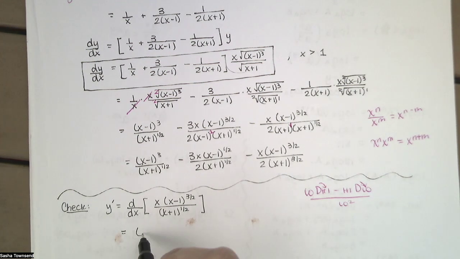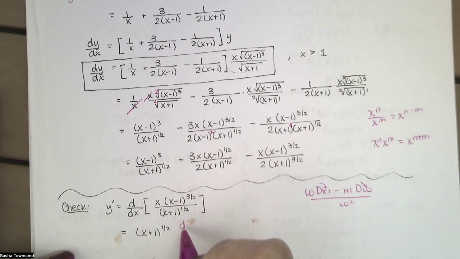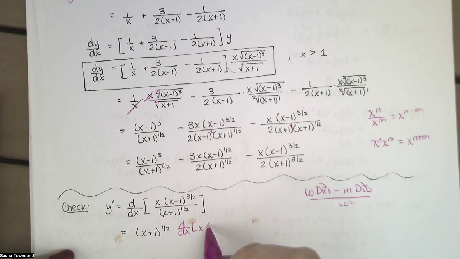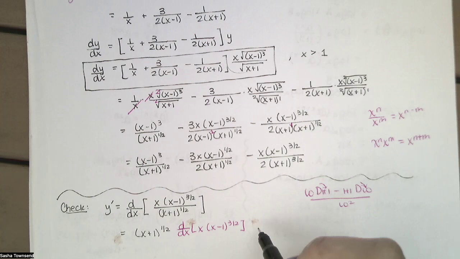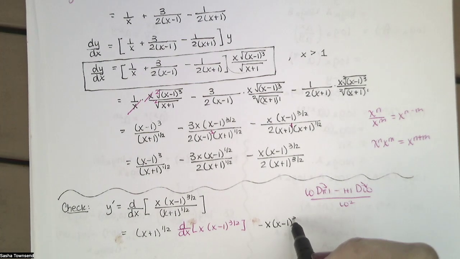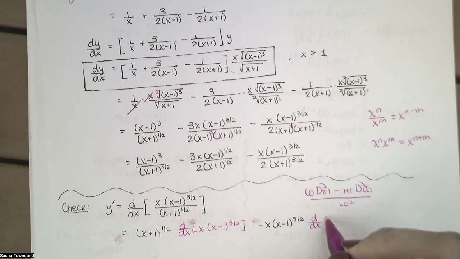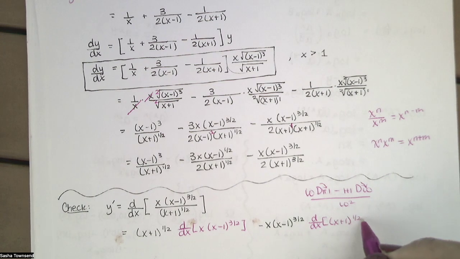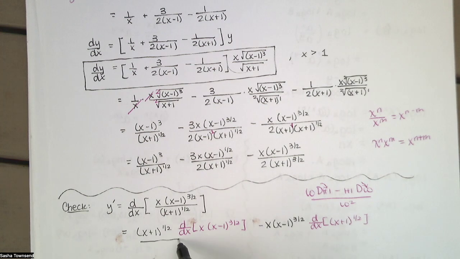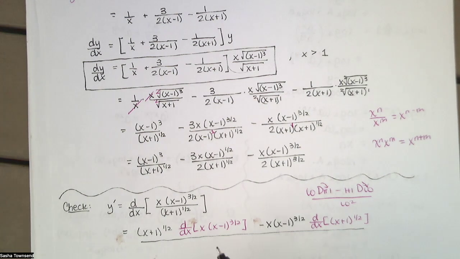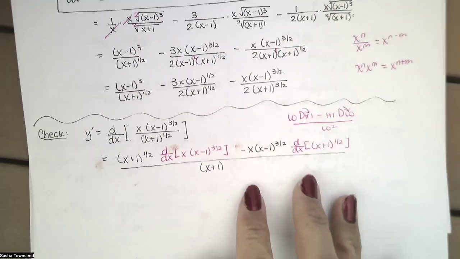So we're going to have low d high minus high d low, all divided by low low. X plus 1 to the 1/2 times x plus 1 to the 1/2 is x plus 1 to the 1, or x plus 1 to the first. Just going to have an x plus 1 in that denominator.